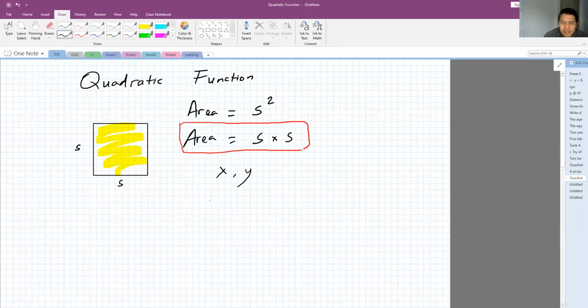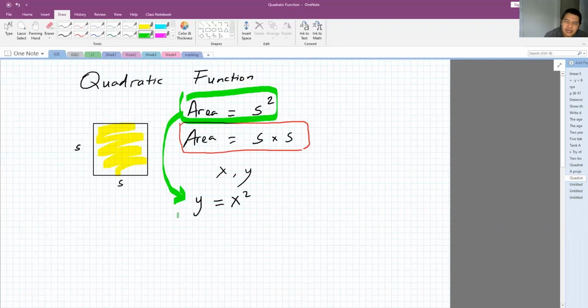Now this formula can be written as, for example, if I want to write the area using the notation y, and you write the length of the side to be x, so you can write down that y equals x squared. So basically this is just the same thing.